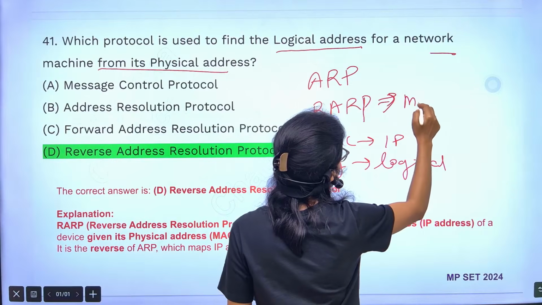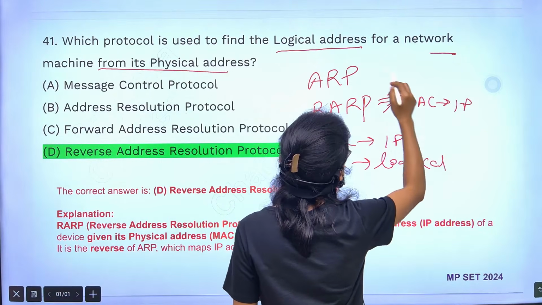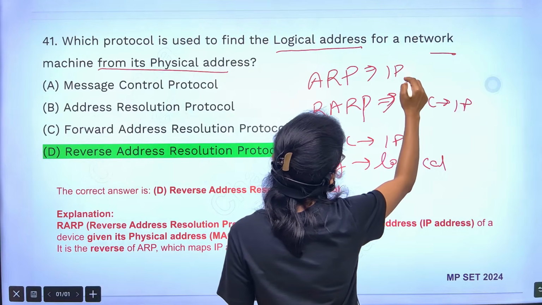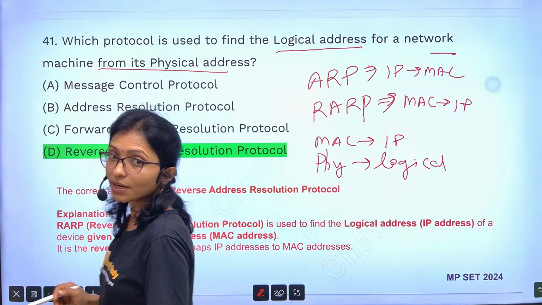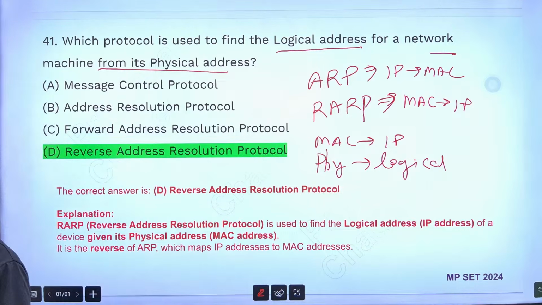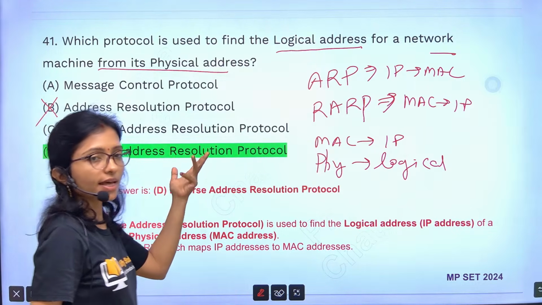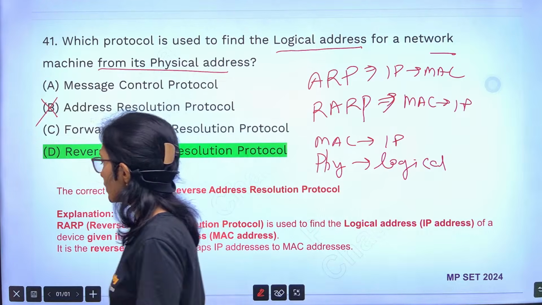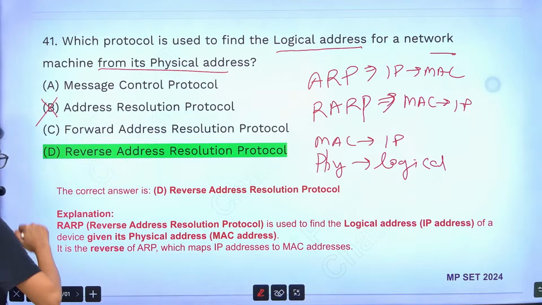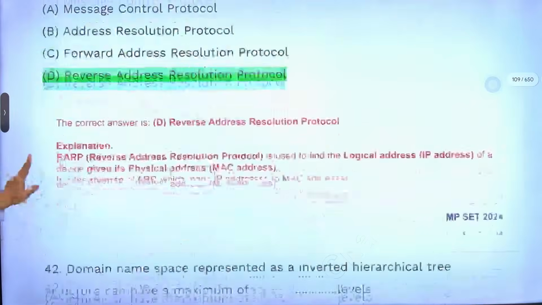RARP converts MAC to IP, and ARP converts IP to MAC. Right? In the statement you know everything, still you will make a mistake. Most of you are giving this answer, because you need to understand the twist of the statement. What is my input? What is my output? See, a known area, still mistakes are happening. Be careful about your language.